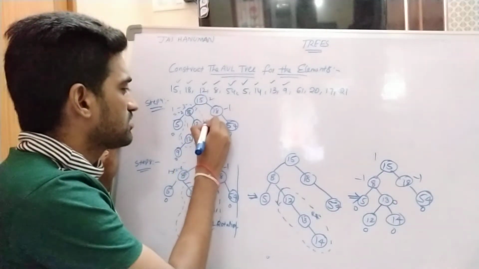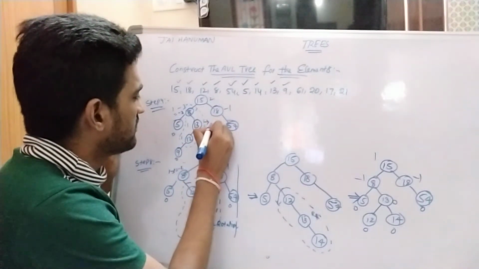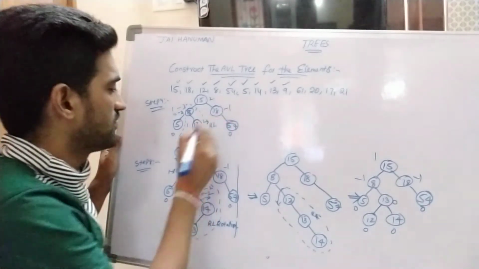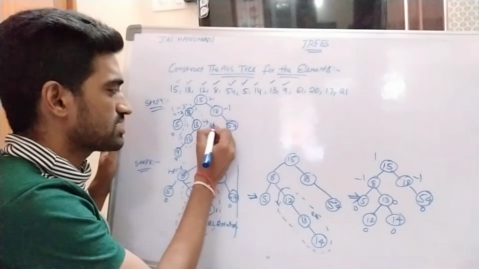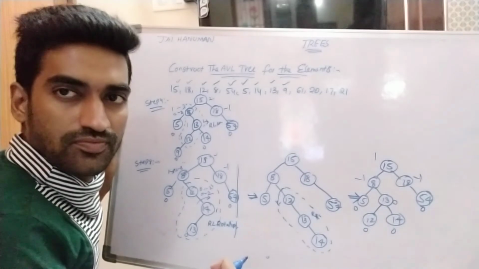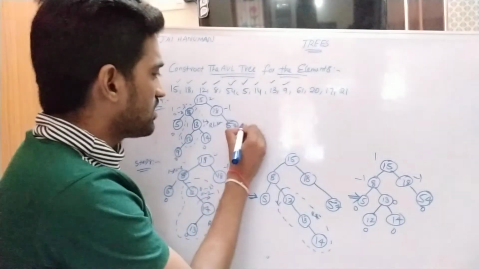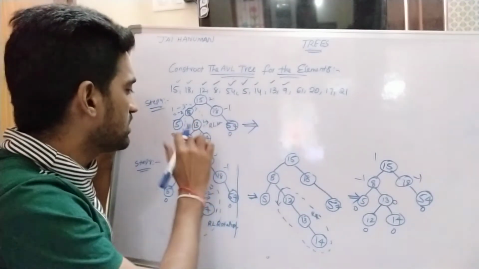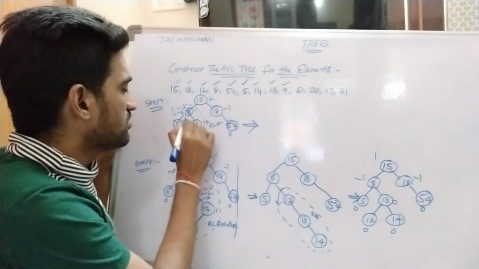For this, what type of insertion? Right of left. So for the right subtree, we are inserting leftmost nodes. That is nothing but RL rotation. So here, to overcome this, we are applying RL rotation. In RL rotation, first we keep the root node the same.